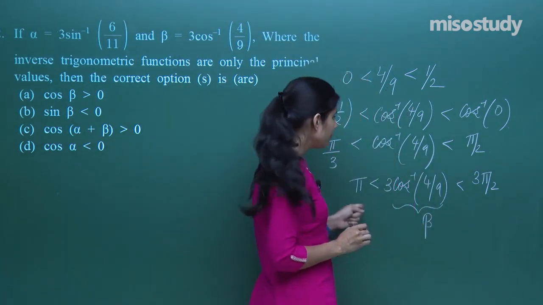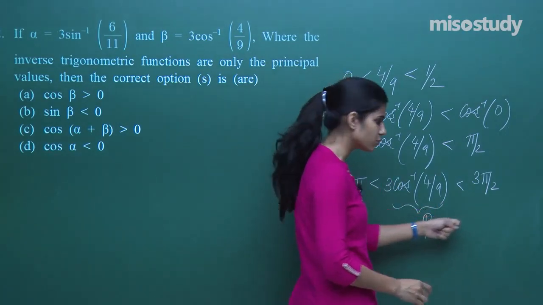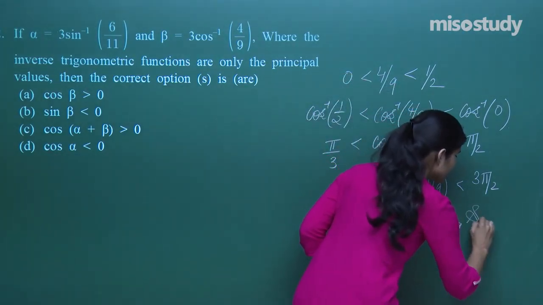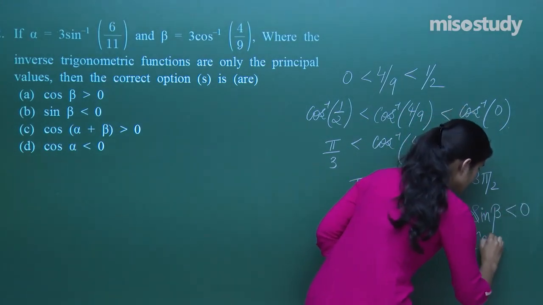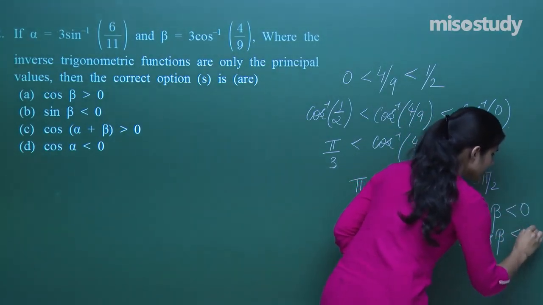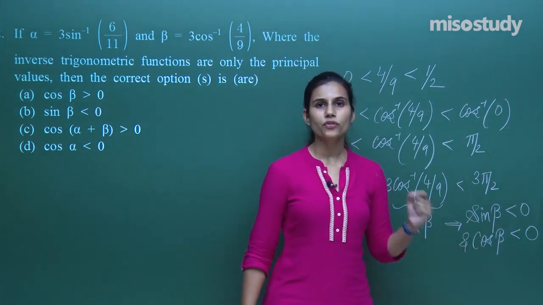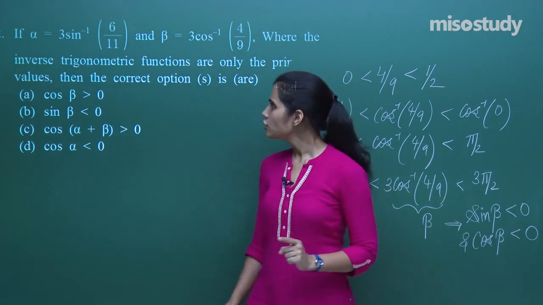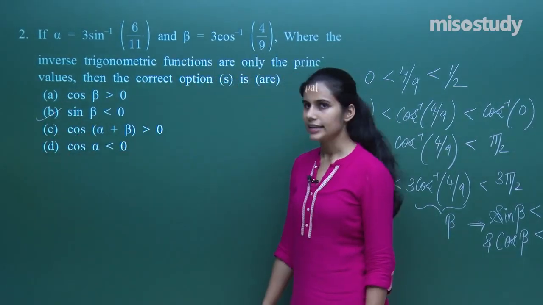Beta is lying between pi and 3 pi by 2, and therefore this implies sine beta is negative and cos beta is negative, right? In this range from pi to 3 pi by 2, sine and cos both are negative. So for beta, yes, sine beta is definitely negative.